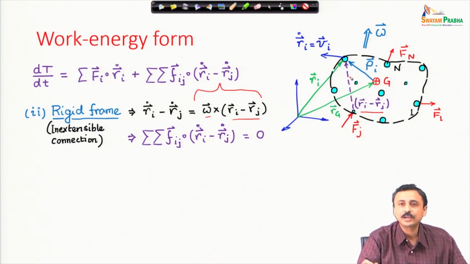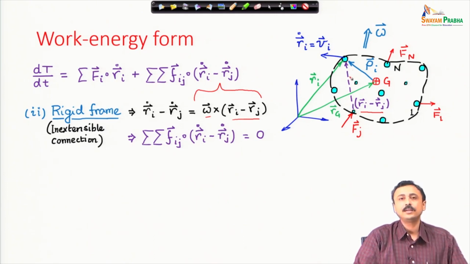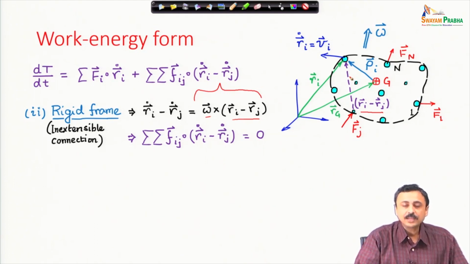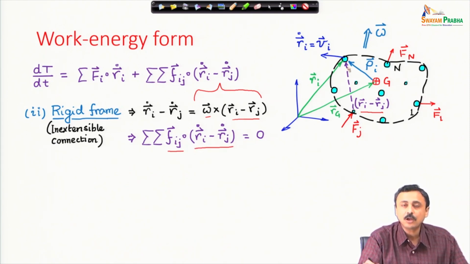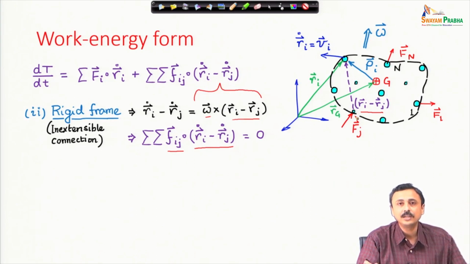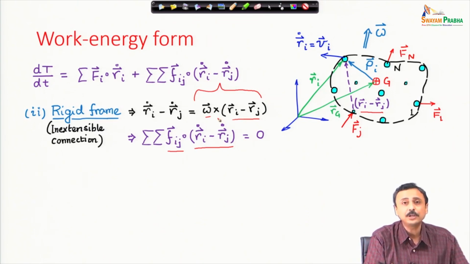So, this dashed vector is R I minus R j, and because R I dot minus R j dot is perpendicular to R I minus R j, therefore, the dot product of this term with f I j, remember f I j is also in the direction of the line joining the two particles, and R I dot minus R j dot is perpendicular to this line.